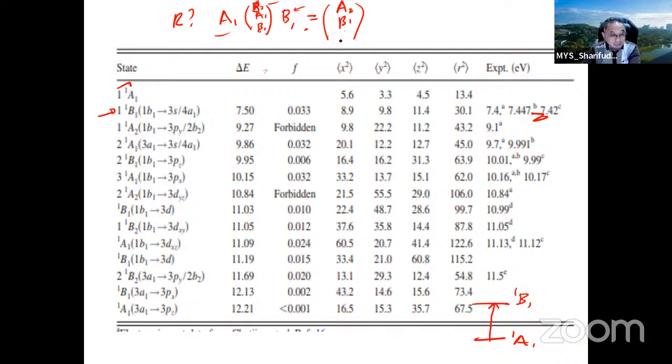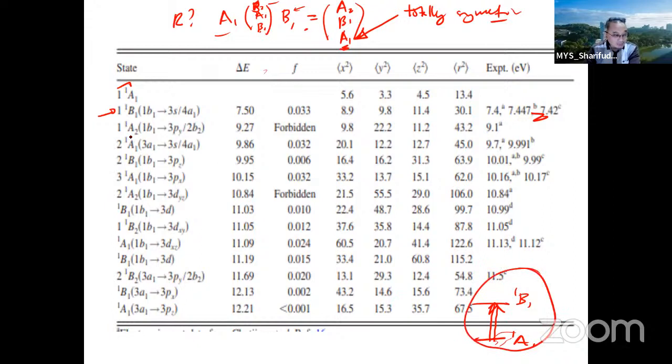B1 times B1 is A1. So that means this transition from A1 to B1 is allowed because inside the direct product, there is a totally symmetric representation. So the totally symmetric representation tells us that this transition is allowed.